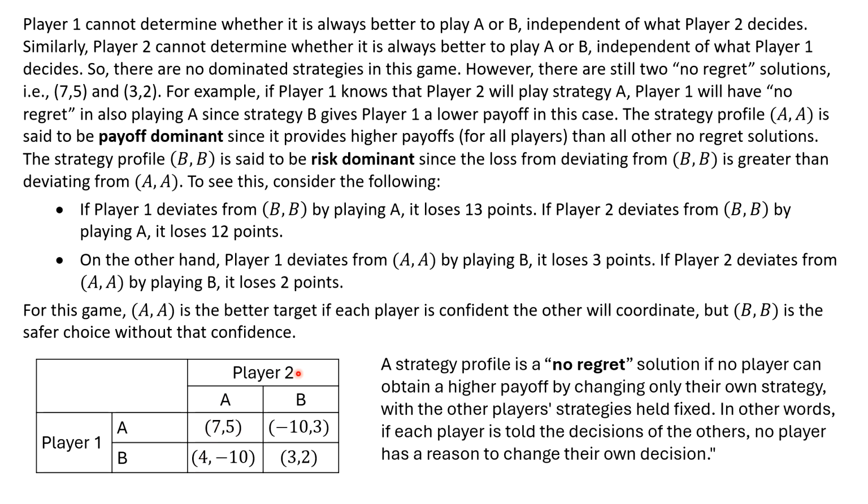But if player 2 played B, then player 1 would be better off playing B since 3 is greater than -10. And you have the same problem with player 2. It doesn't have a dominant strategy in every case. It needs to know what the other player is doing in order to pick its best solution. So there are no dominated strategies in this game.